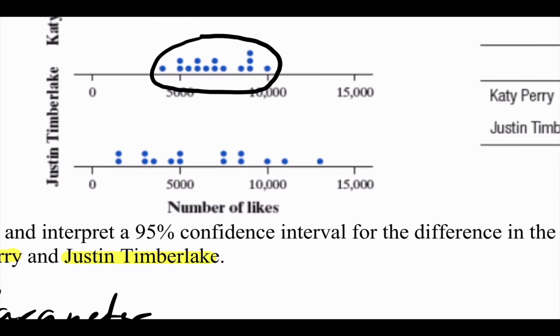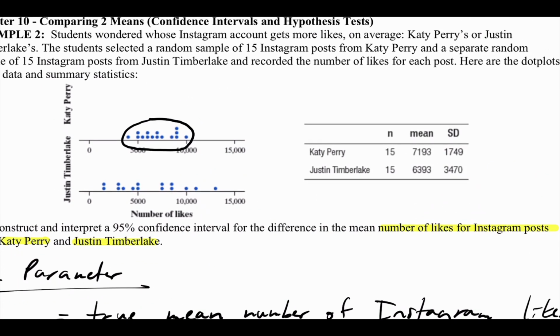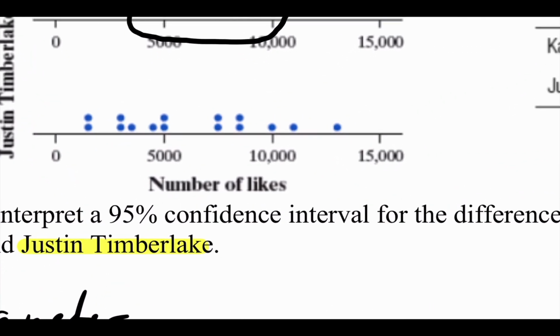So this one, Justin Timberlake has a bigger standard deviation. You can see a bigger standard deviation right here, right? Because his dots are a little more spread out. Okay, so let's look at some of the dots. A lot of times when you look at these, you think, that guy is an outlier.